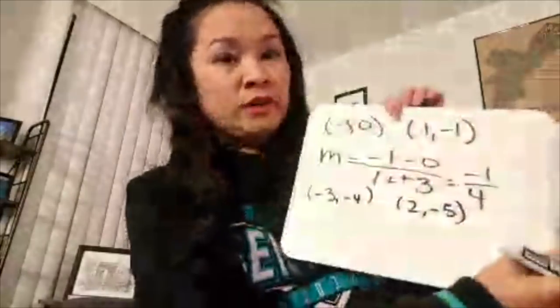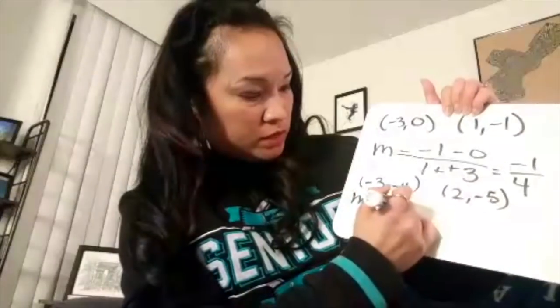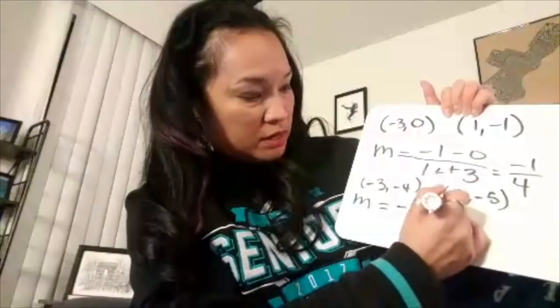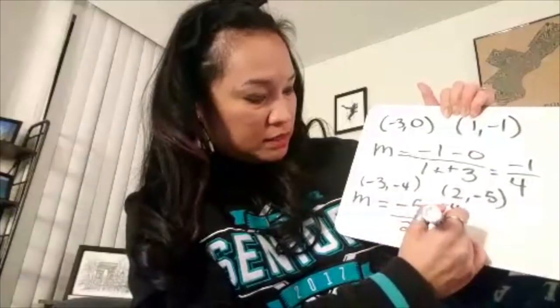Let's find the last slope for the green one. My points are -3 and -4, 2 and -5. So this is for the green line. M equals -5 minus -4 over 2 minus -3.